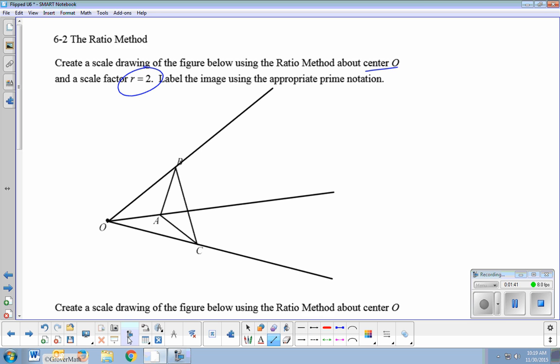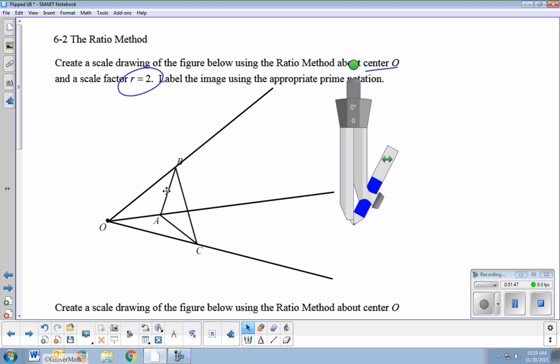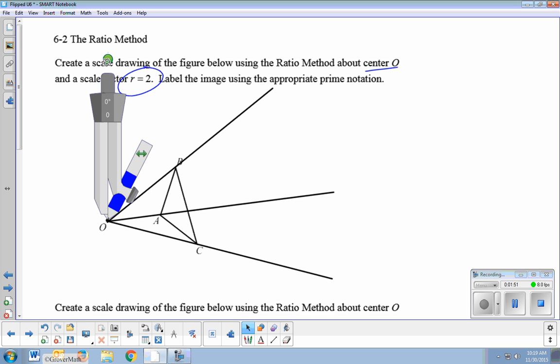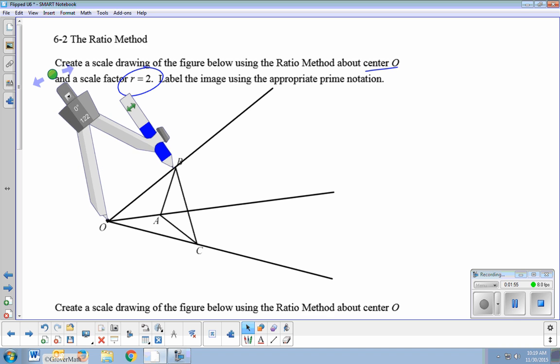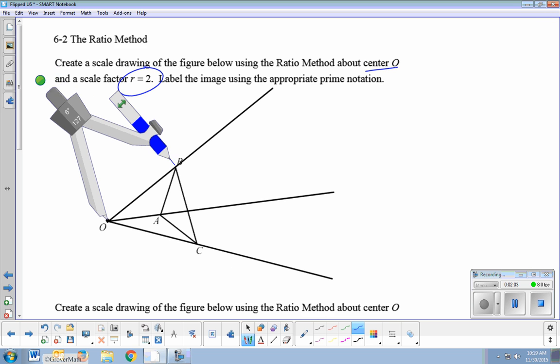And then it's very similar to how we did our scaled images. It's still a scale image, that instead of measuring the length of AB and doing twice that, I'm going to measure the distance from each point to the center of the dilation here, O. So measure the distance from O to B. And my next point is going to be twice the distance.